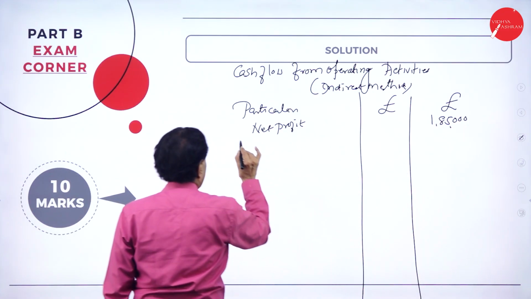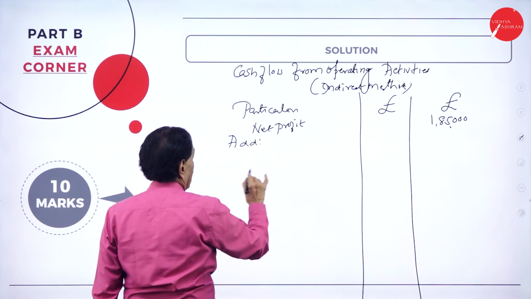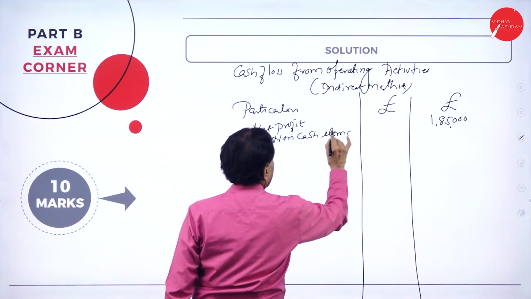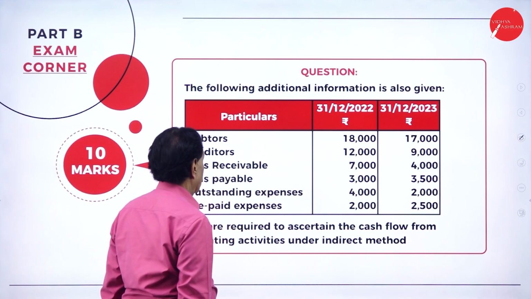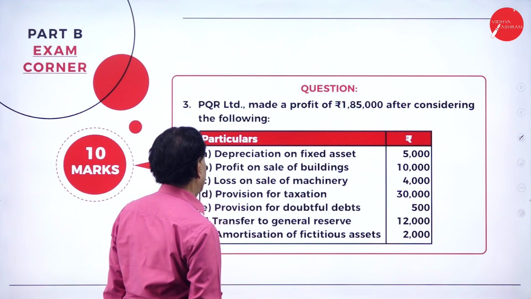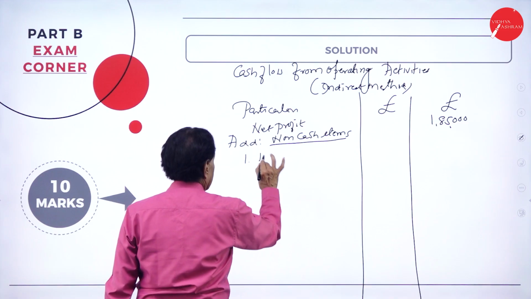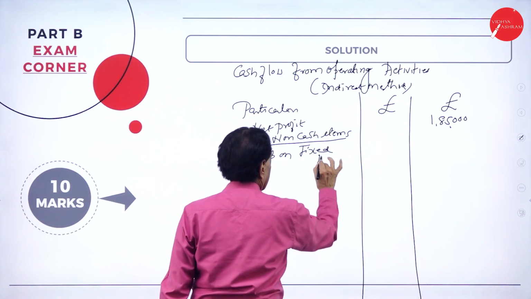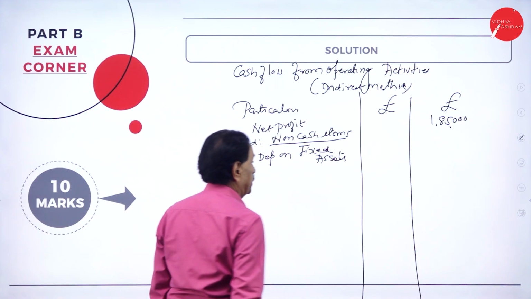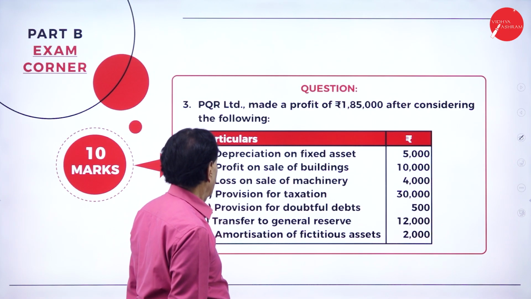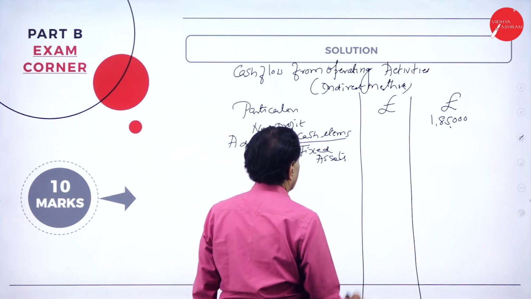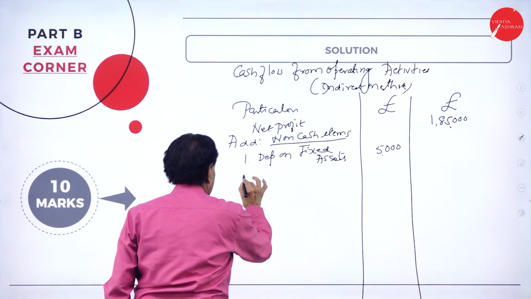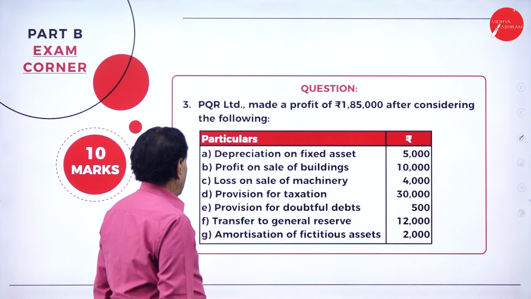Add non-cash items. Here, depreciation on fixed assets, 5,000. Number 2, don't take profit.